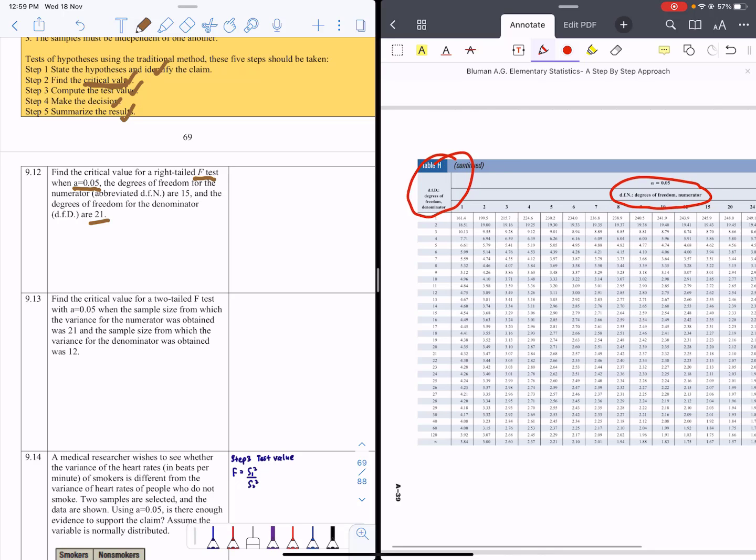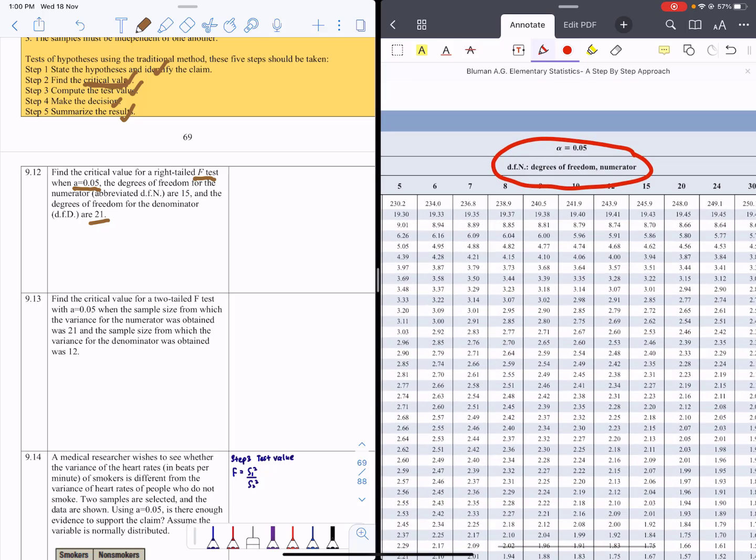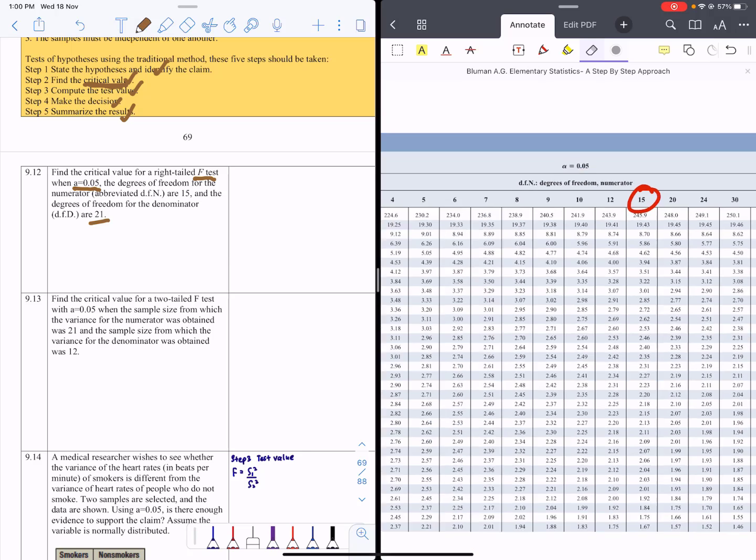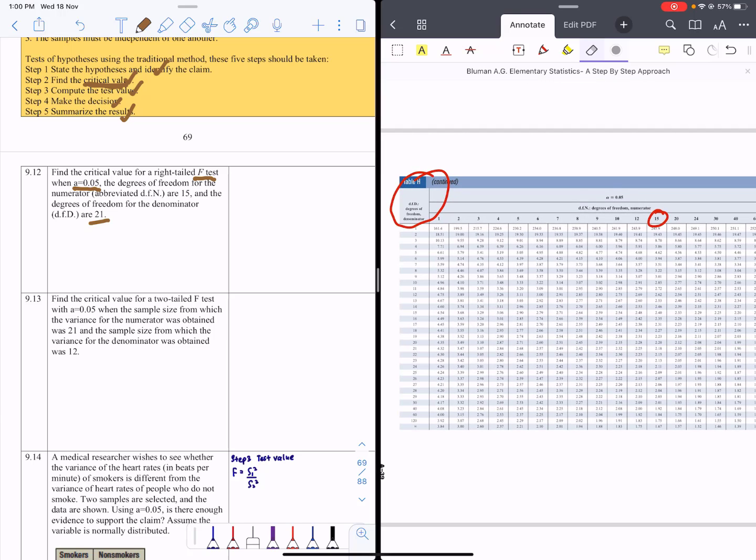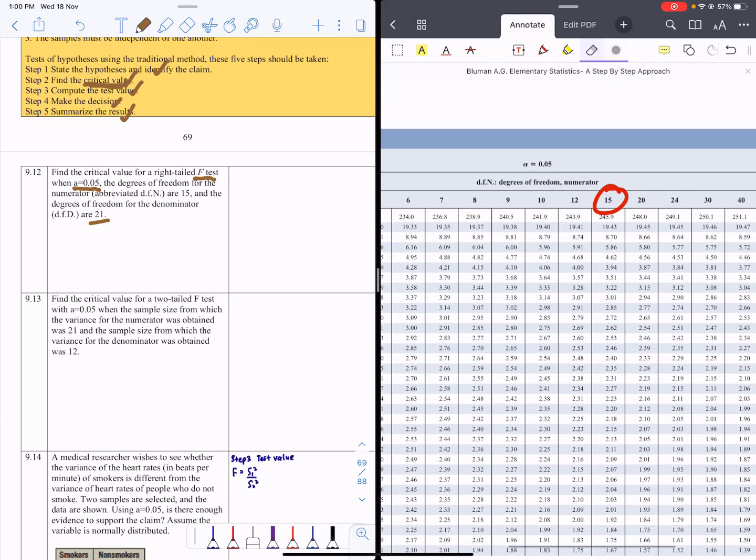For 15, of course we have 15, but if you look at this, we have 12 and then 15. If the degree of freedom for the numerator is 14, you choose the smaller one, so you choose 12.